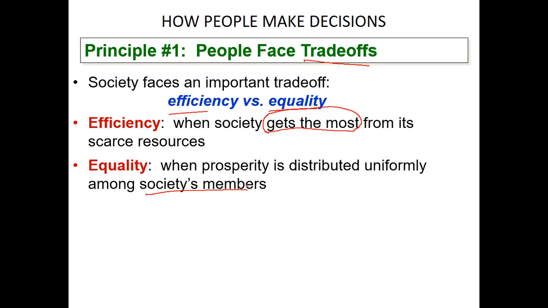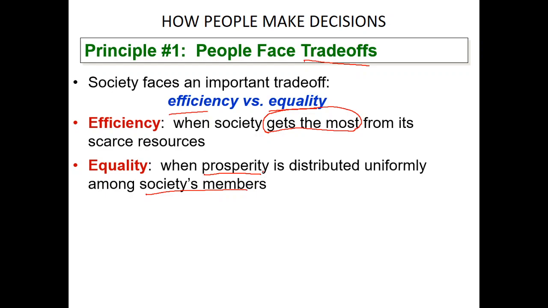But another example is in society, in the barangays. Equality is when prosperity is distributed uniformly among society's members. That is what we want the most. But sometimes there is a bias in our society.